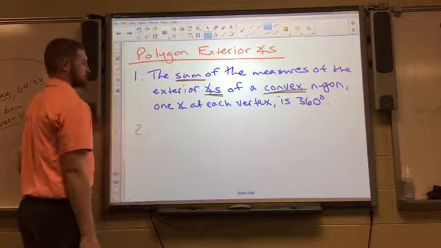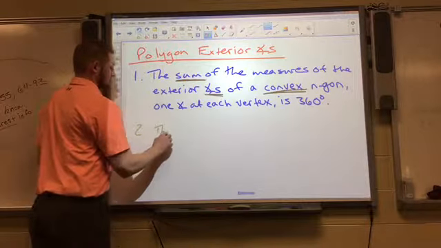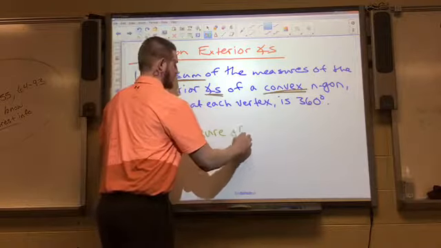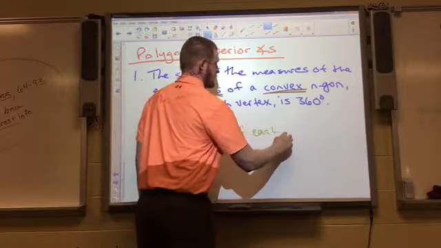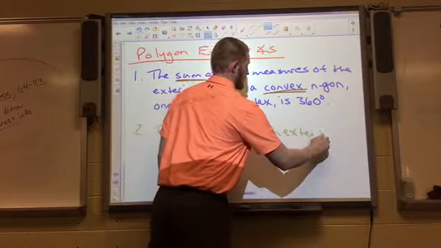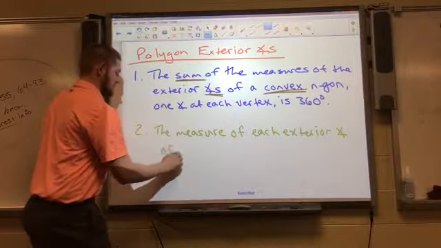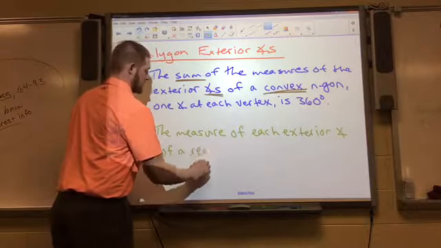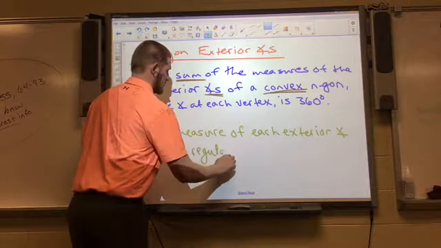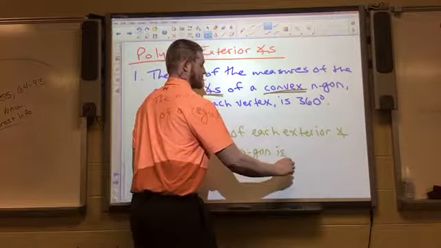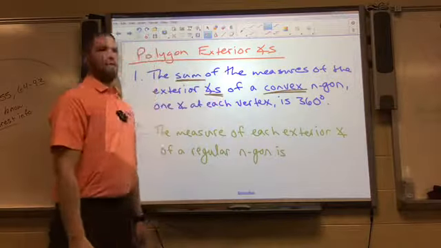Second theorem. The measure of each exterior angle of a regular n-gon is, how are you going to find that?